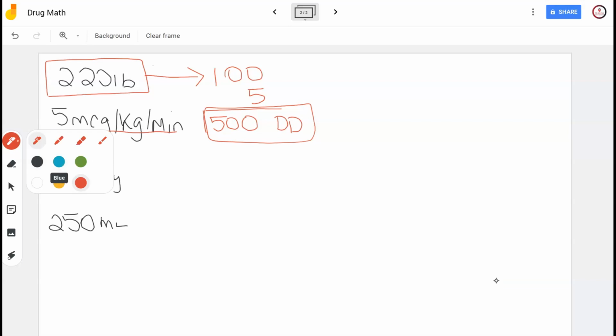Now, you're going to calculate your dose on hand, right? So it's going to be 400 milligrams in a 250 milliliter bag. Off the top of your head, what's your concentration? Nope, still didn't memorize.